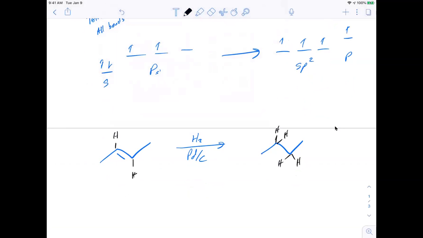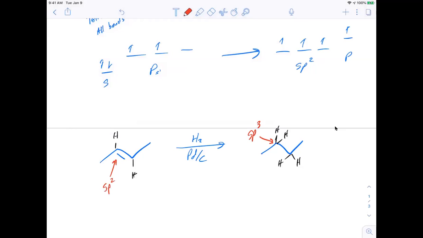What's happened is that I've gone from an sp2 carbon to what? I need an sp3. So the reaction was not only that I added hydrogen across there, but I had to rehybridize my orbitals so that I can now have 4 sigma bonds.